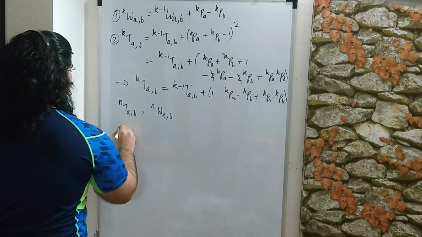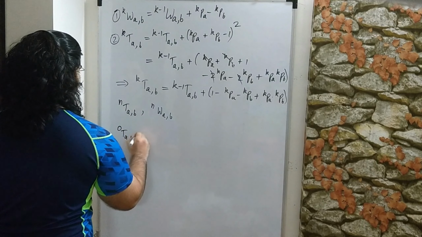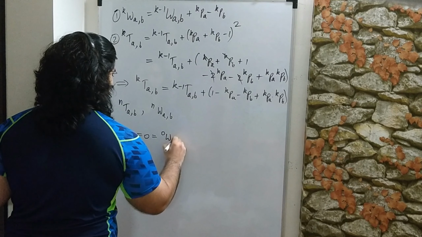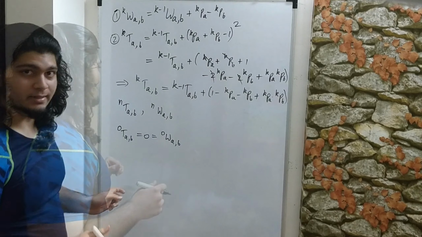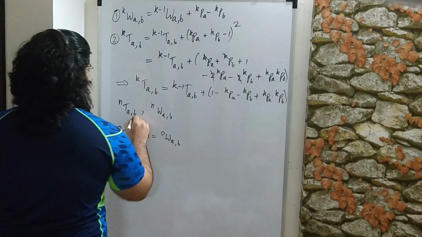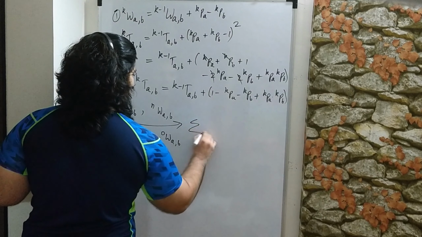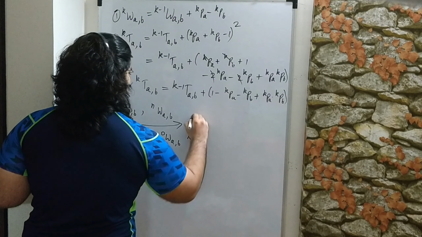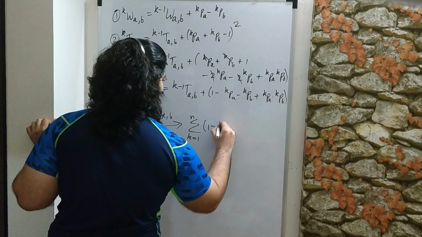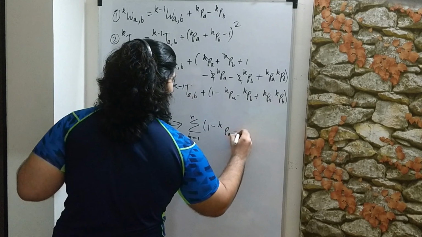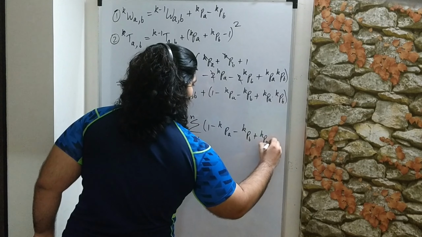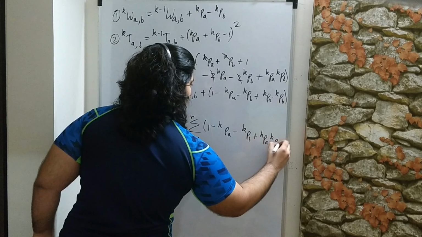Well, we know that 0 TAB is equal to 0, which is equal to 0 WAB for all A and B. So if you notice, we can actually say that this is just the sum as k goes from 1 to n of 1 minus KPA minus KPB plus KPA KPB.